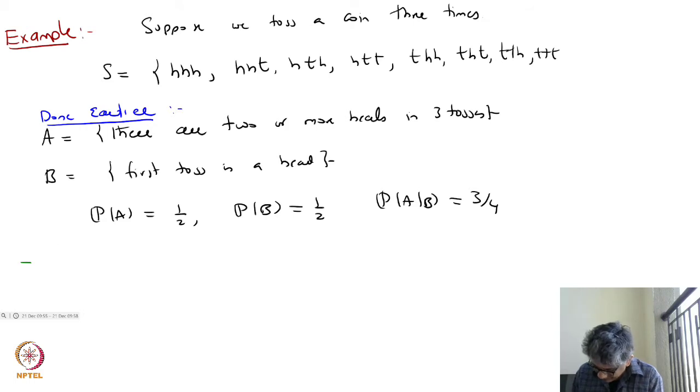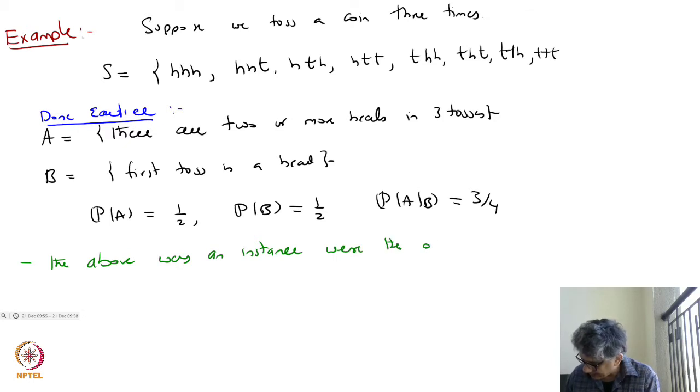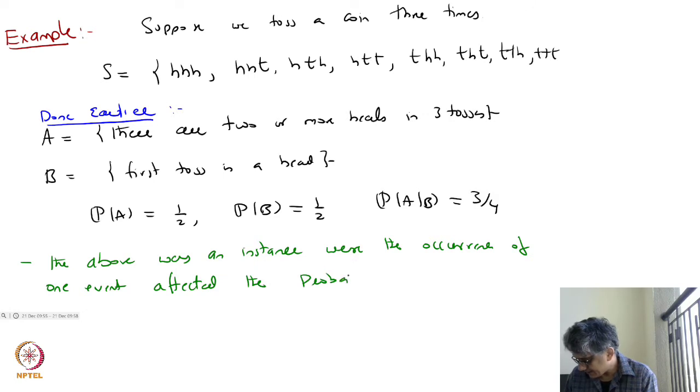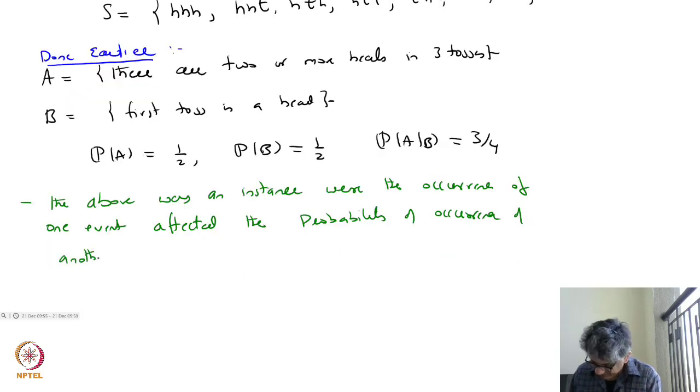The above was an instance where the occurrence of one event affected the probability of occurrence of another. In this case, the occurrence of B enhanced the probability.